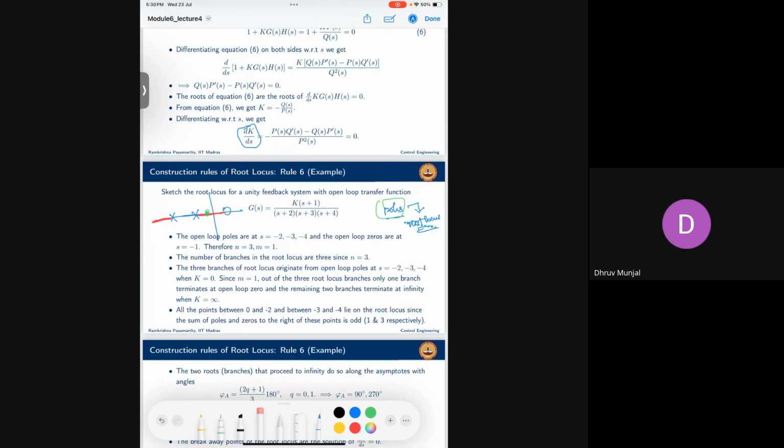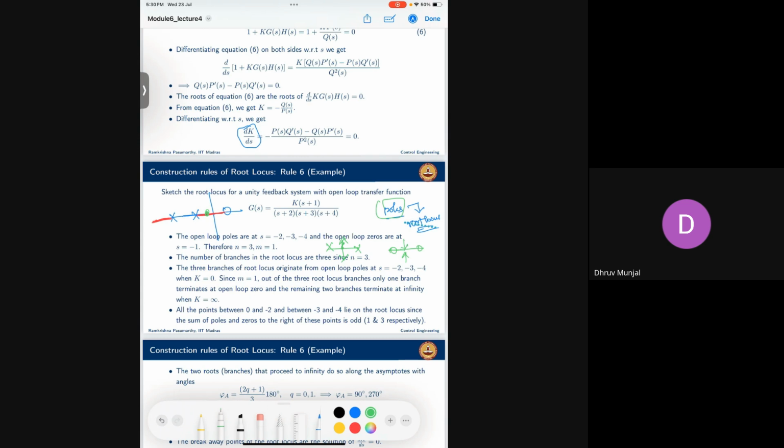It is decided based on this: when the point occurs between two poles, it is called a breakaway point, because poles tend to push the root locus towards the imaginary axis. If it happens between two zeros, then it is a break-in point, because zeros tend to attract the root locus and pull it away from the imaginary axis.